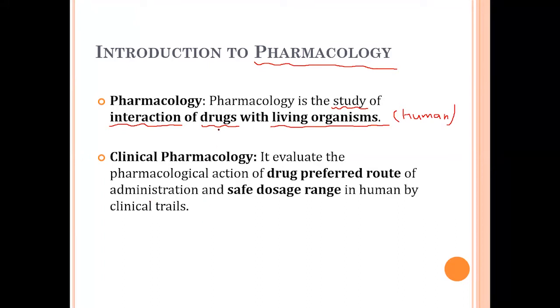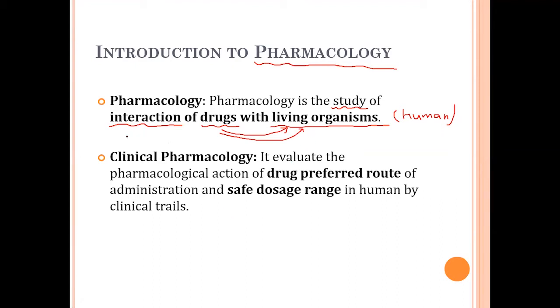There are 2 aspects. When the drugs go inside the human body, how they work for the humans. And another aspect is how they are absorbed, how they are distributed, and how they are excreted, finally released from the body.